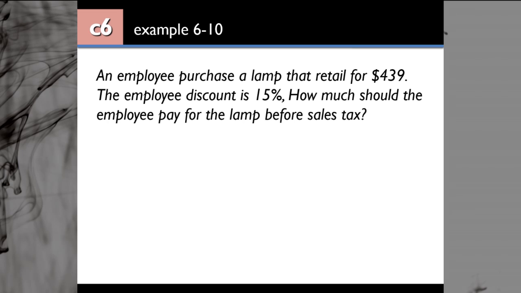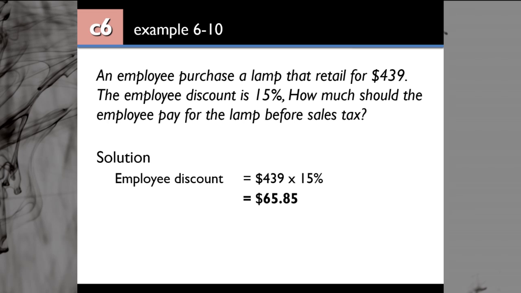What you can do is calculate the dollar amount of the discount that the employee can get, and deduct that amount from the retail price. The employee discount is 15% of this retail price, so that's 439 multiplied by 15%. So the dollar amount of the discount is $65.85.